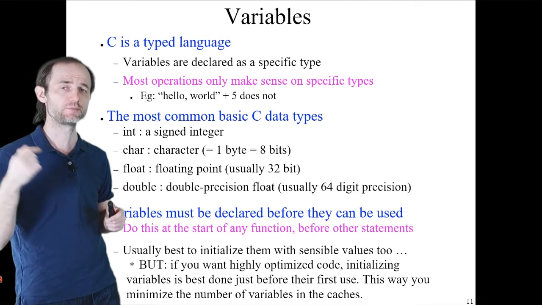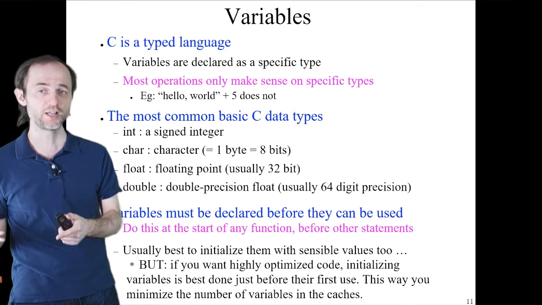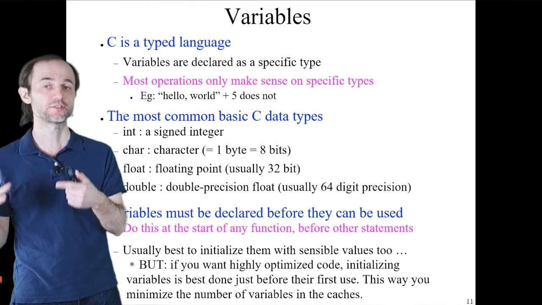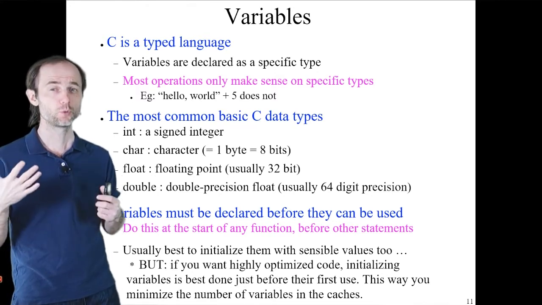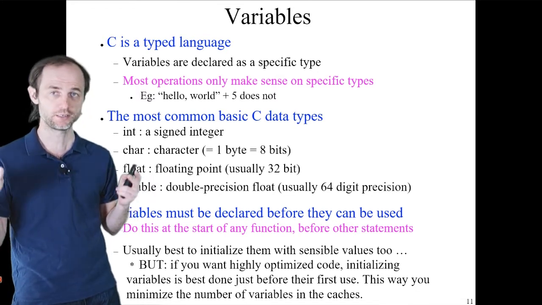This, however, has some downsides because once you have initialized the variable with a specific value, it means that the compiler has to keep track of what its value is, and that uses up the caches, which are limited. So if your program is simple and fits within the caches, then go ahead and do that.